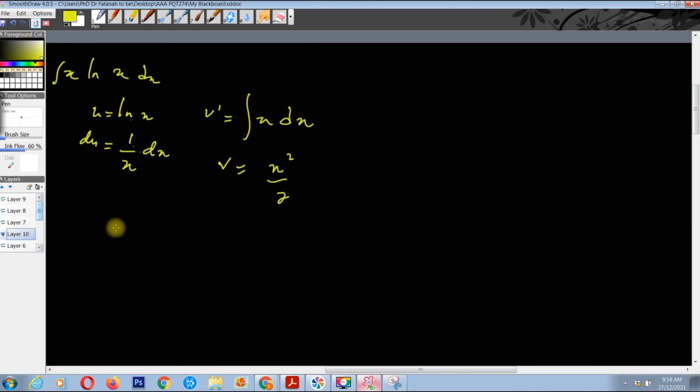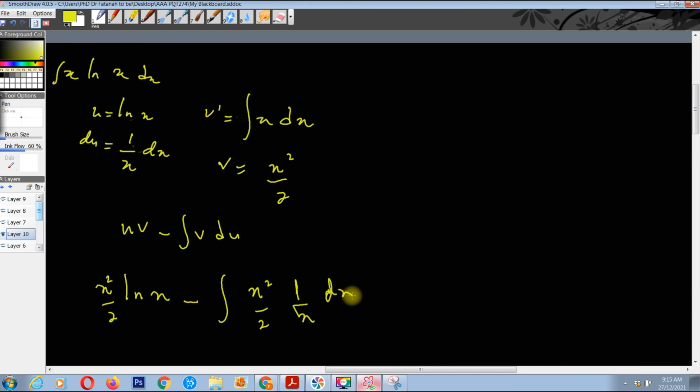So uv minus v du. u is ln x, v equals to x square over 2, minus integrate v, v is x square over 2, du equals to 1 over x dx.